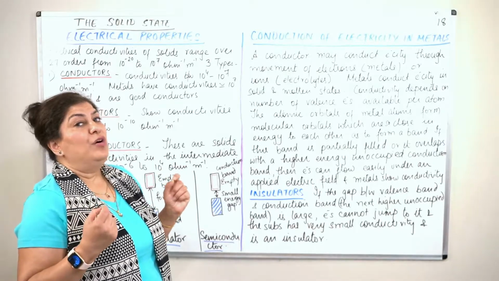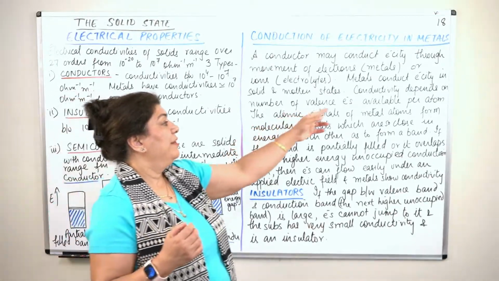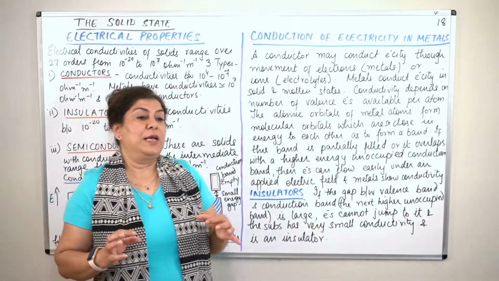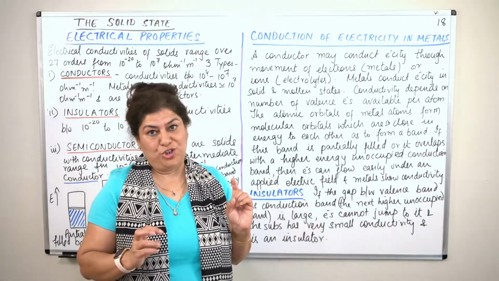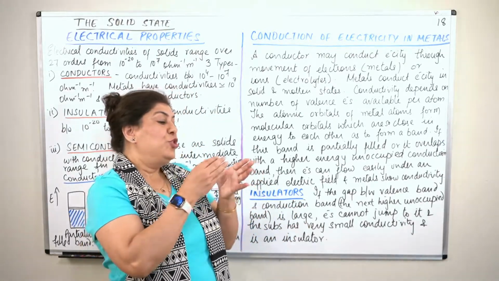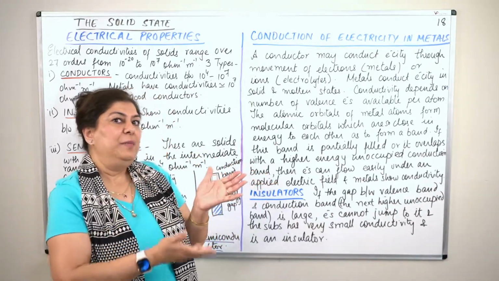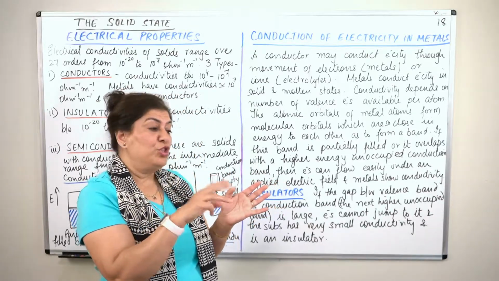The conductivity of a metal depends on the number of valence electrons which are available per atom. Now we know metals are those atoms which have 1, 2 or 3 electrons in their outermost shell, right? So how many electrons are available? Like if you have alkali metals, they have only 1 electron. Alkaline earth metals have 2 electrons in their outermost shell.